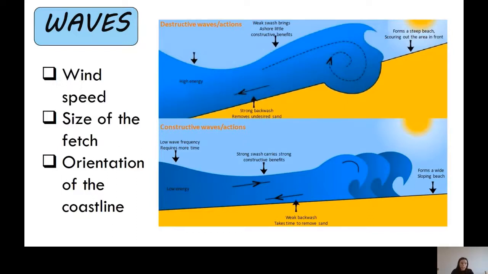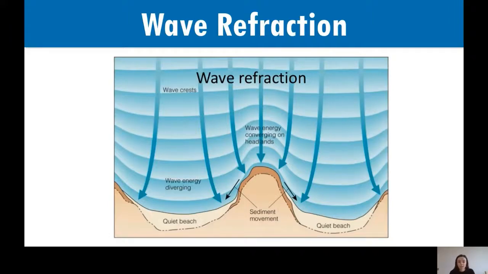Here we have wave refraction. Wave refraction involves waves breaking onto an irregularly shaped coastline. So that's topography, like the shape of the coastline. Here we have an irregularly shaped topography. We have a headland sticking out here, and then you have two bays on either side.